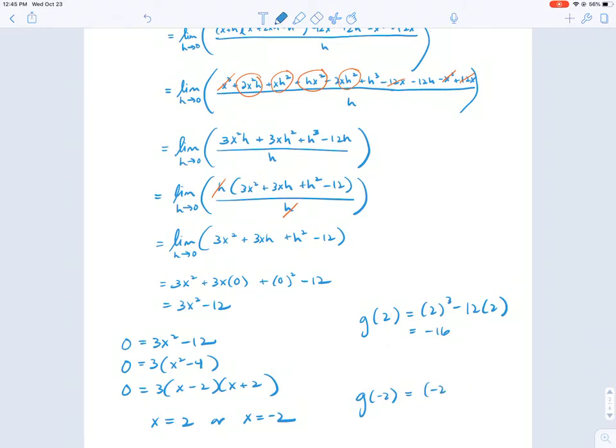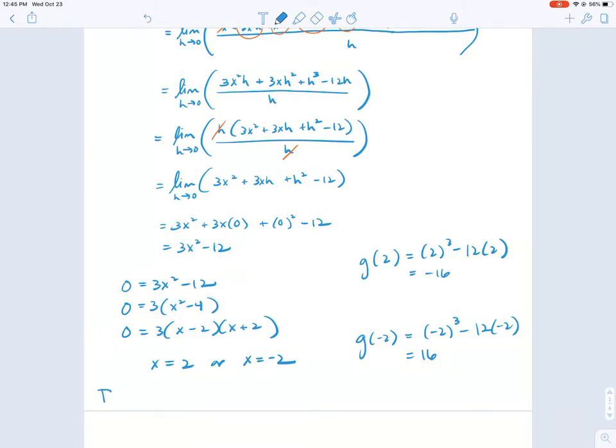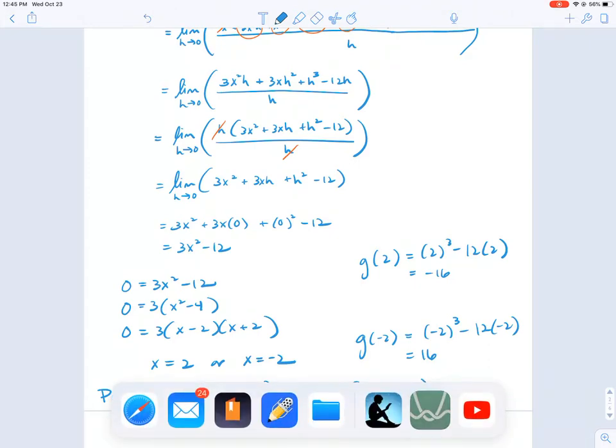And then negative 2 cubed minus 12 times negative 2, so that'll be negative 8 plus 24 equals positive 16. So the points where there are horizontal tangent lines are going to be 2 comma negative 16 and negative 2 comma 16. Let's just confirm that with Desmos.